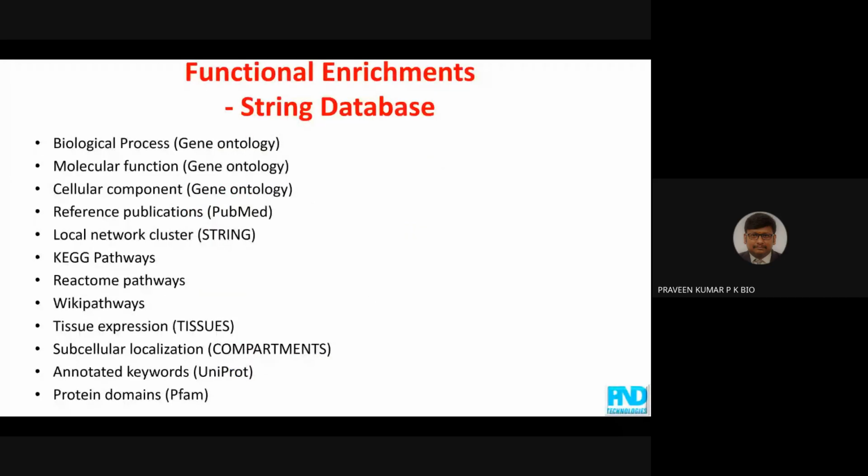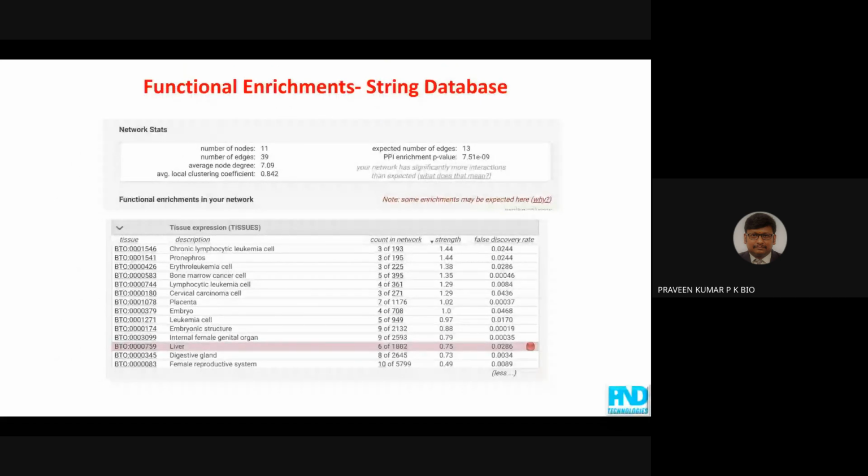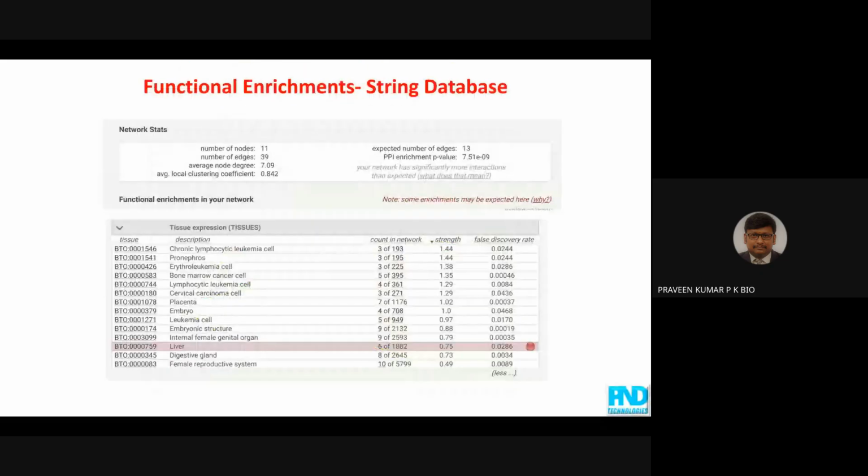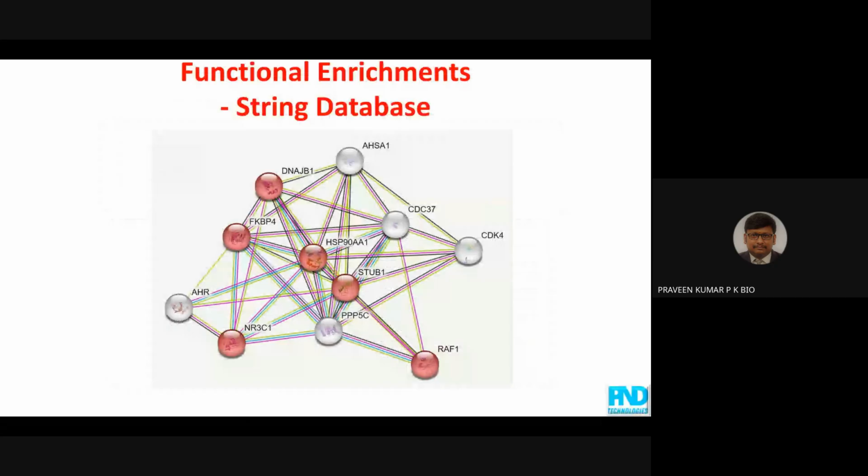So functional enrichments, I think we have discussed in class one itself. STRING database, how to open the pathway database, how to select the filters and how to find the genes. Now, if I select the liver, for a liver, what are the important genes connecting to HSP90? We can get these kinds of proteins.